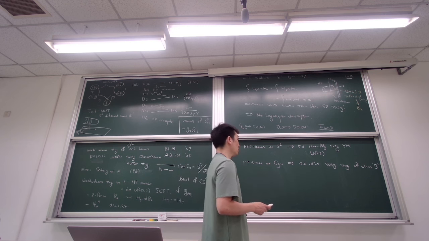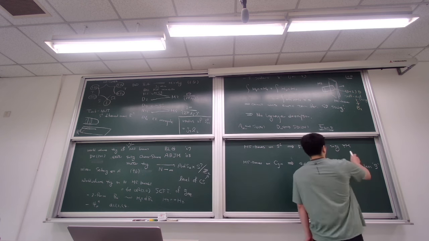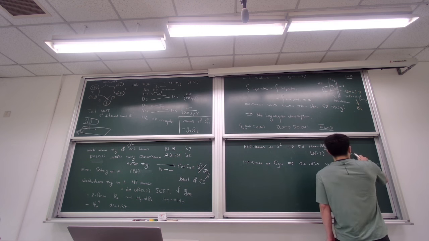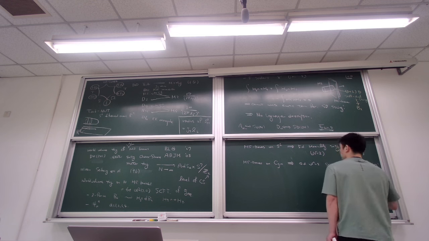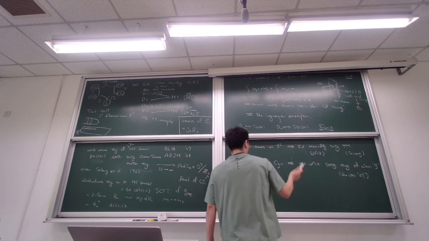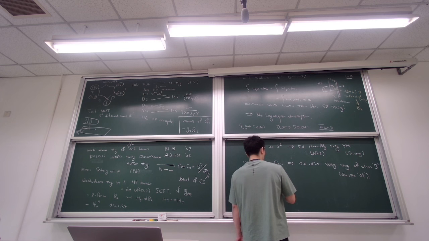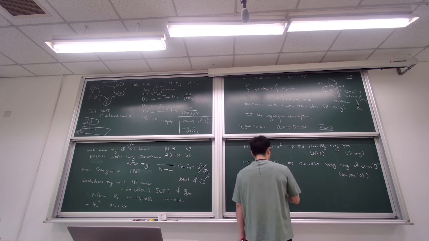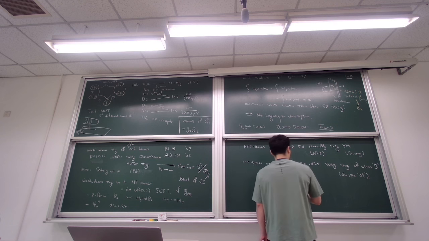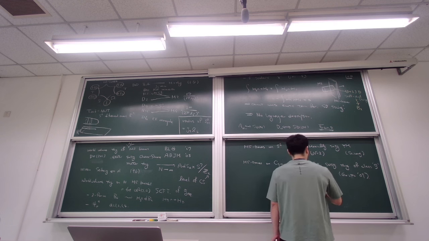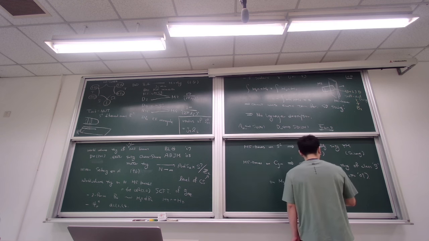Anyway, this is already Seiberg, this is Gaiotto, '09. And then people already studied lots of things, and 3-manifolds will give you 3D N=2 supersymmetric theory.